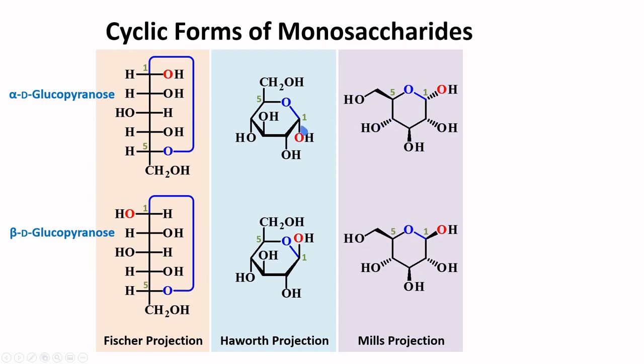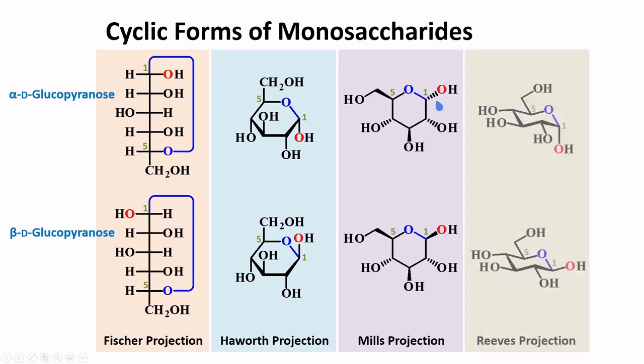For the case of the OH group at the anomeric position of alpha-D-glucopyranose, the Mills projection orients it far away from the viewer. The last type of projection is called the Reeves projection, and here the 6-membered rings are shown in chair conformations.